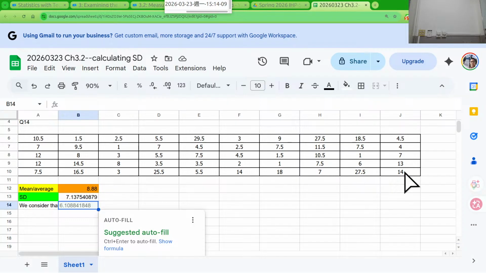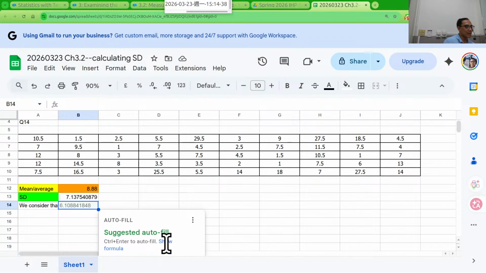Why? 7.1? What's wrong with my computer? 7.30? Let me check what's wrong with my computer. Oh, sorry. 7.13 is here. And here is autofill.